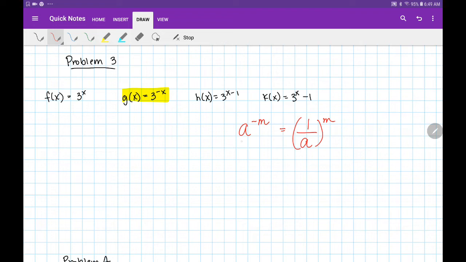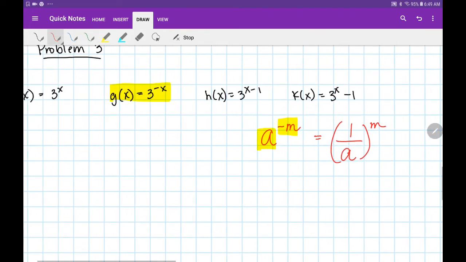So notice what I did. I took the reciprocal of the base in order to convert my exponent from a negative to a positive. But in order to do that, I had to take this guy and flip it, take the reciprocal. So instead of a over 1, it becomes 1 over a.